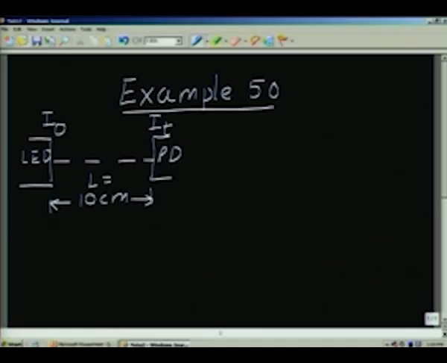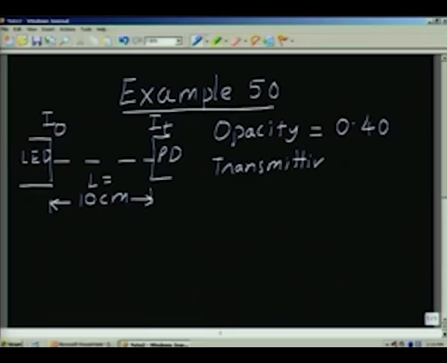So, we know that the opacity is nothing but, in this case it is 0.4, that means the transmitted amount or transmittivity is 1 minus 0.4, which is 0.6.